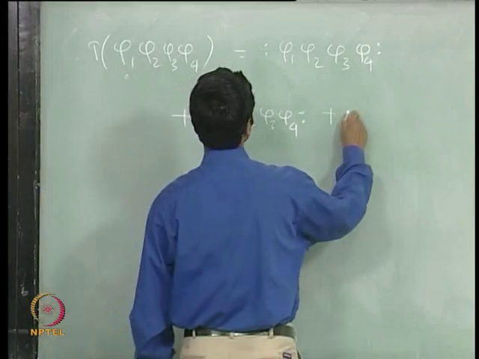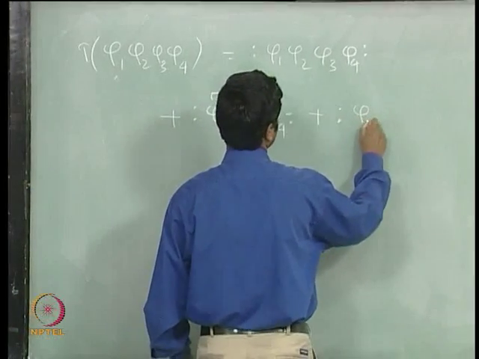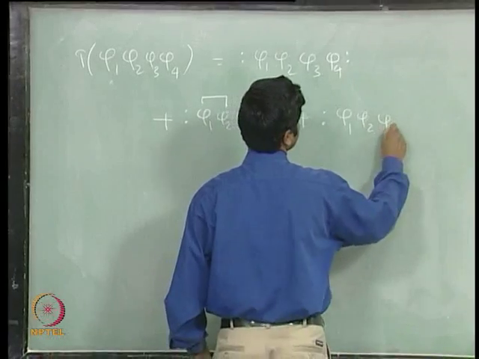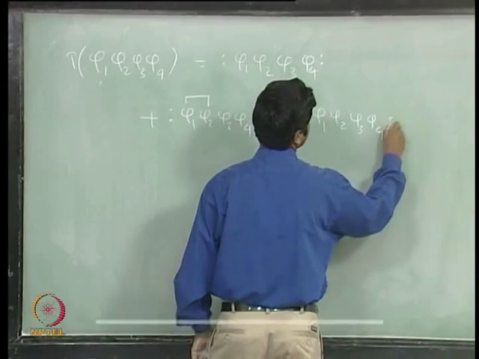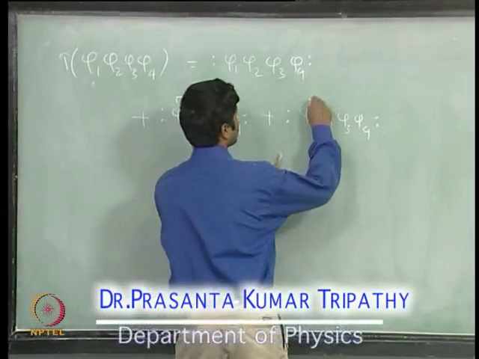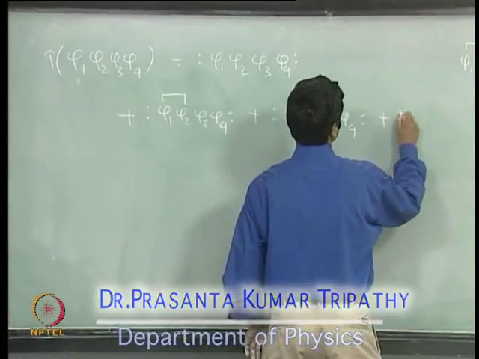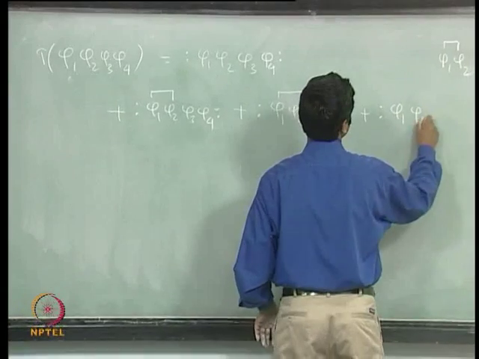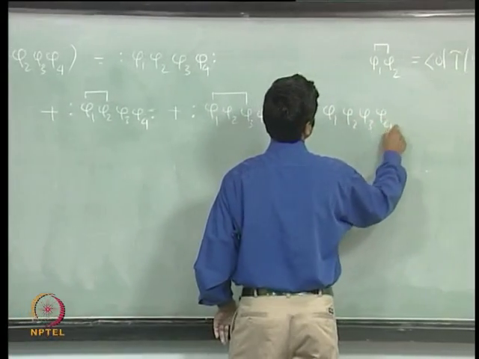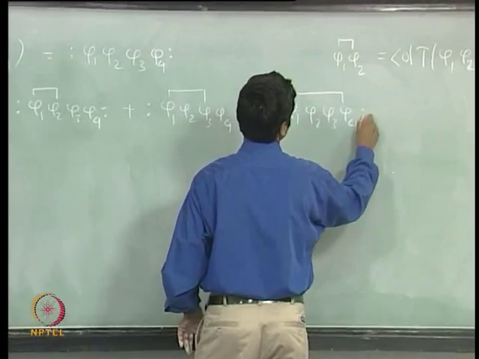So, for phi 1, phi 2, phi 3, phi 4, you have this contraction possible with phi 1 and phi 2, and then phi 1 can contract with phi 3, then the normal order product of the rest, then phi 1 can contract with phi 4.